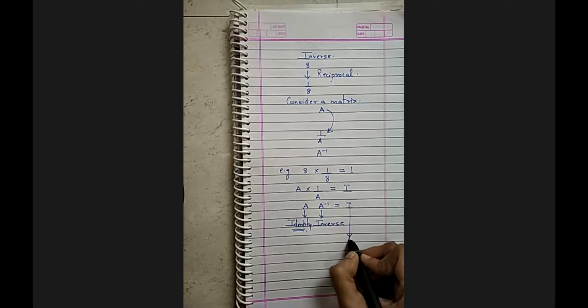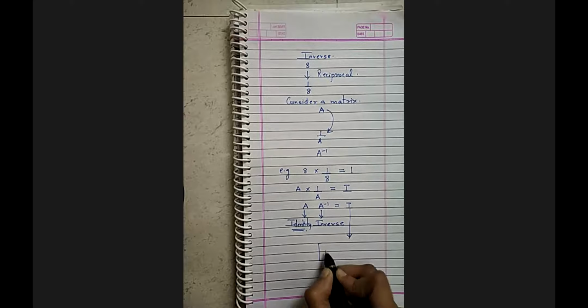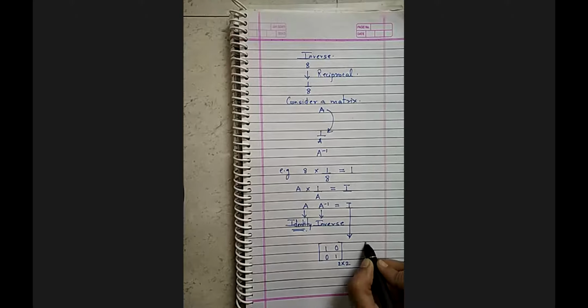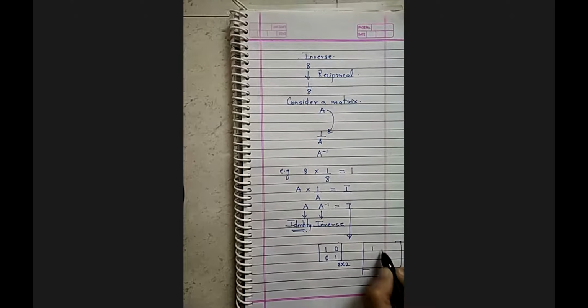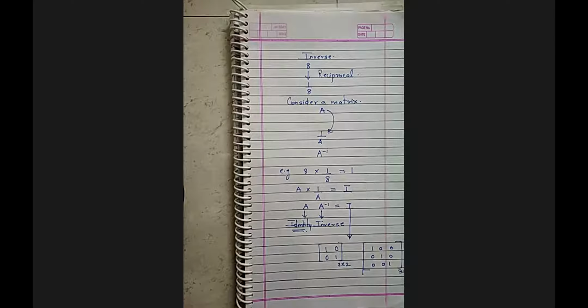Identity matrix can be in this form, which is 2 cross 2, or it can be 3 cross 3 as well, depending upon which type of matrix is given to you. So let's see the definition.